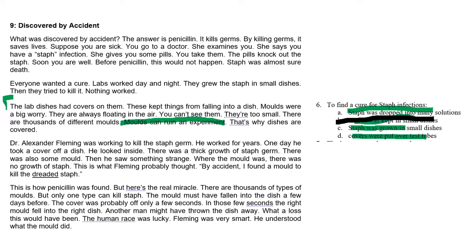Staph was growing inside the dish. They were not dropping the staph into dishes, and the cover was supposed to keep out the mold, but the mold was necessary to kill the germ. The correct answer is C. He looked in the dish to look at the mold, to look at the staph germ that he was growing.